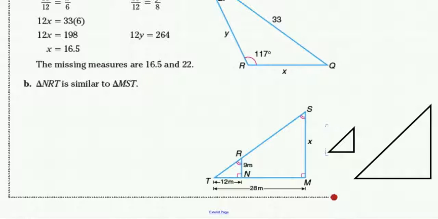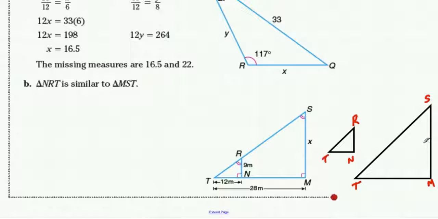Those are our two triangles, and this is NRT, and this is MST. So triangle NRT is similar to MST. I just took out a big triangle so it'll be easier for us to solve. A lot less confusing.